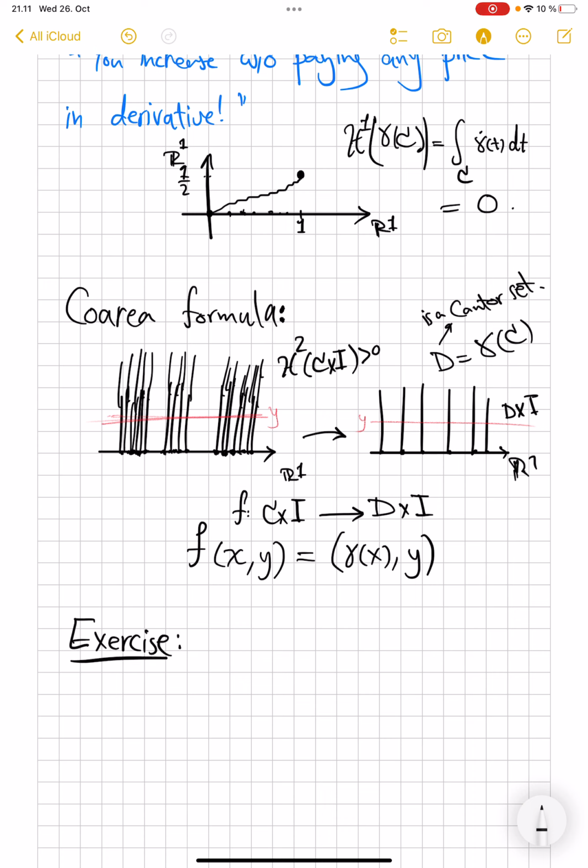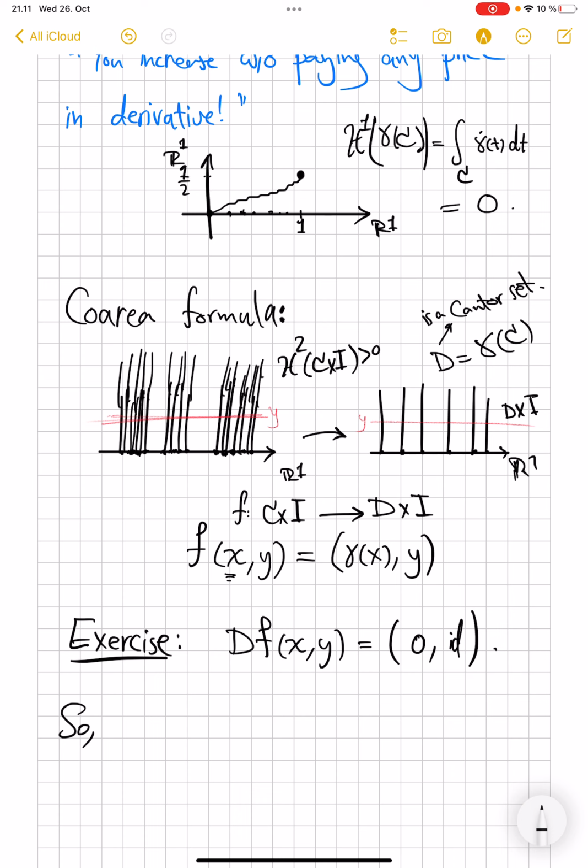Okay, it's easy to check that the derivative of f at every point is nothing other than 0 and identity here. So in the x variable, the partial derivative with respect to x is 0 because x belongs to C, and if you freeze x in the vertical direction, it's the identity map, so its derivative is also the identity map.